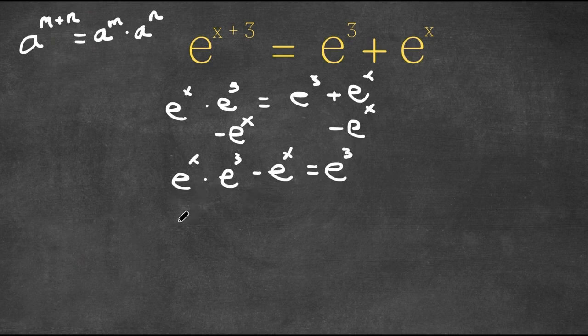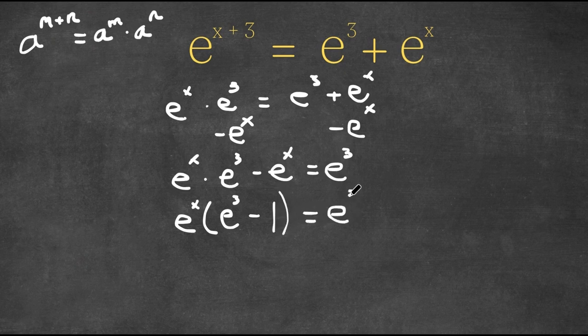So now if I factor out e to the power of x, we get e to the power of x times e to the power of 3, because e to the power of x times e to the power of 3 divided by e to the power of x is simply just e to the power of 3, minus e to the power of x divided by e to the power of x is 1. This is equal to e to the power of 3.